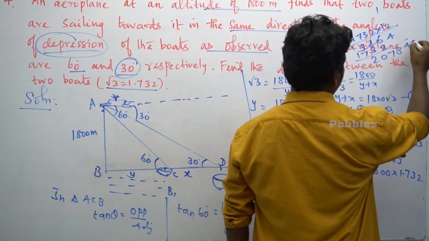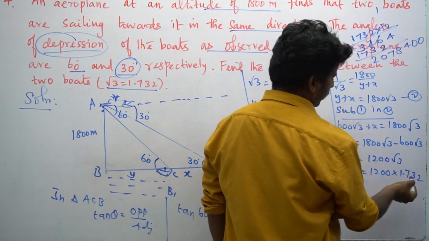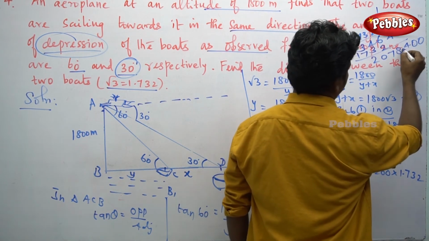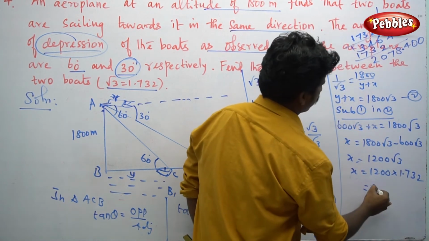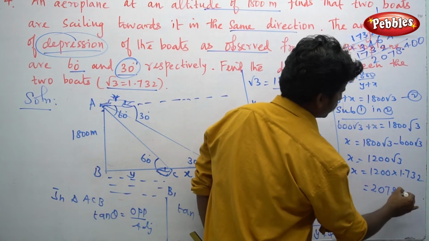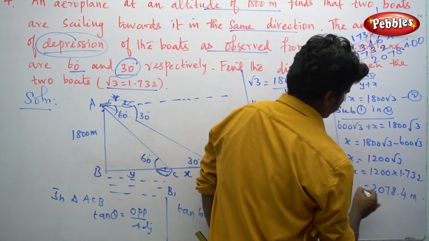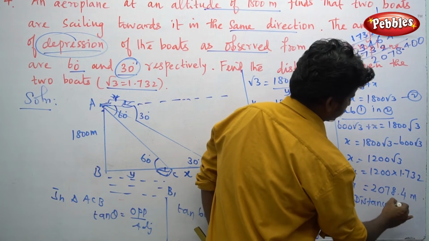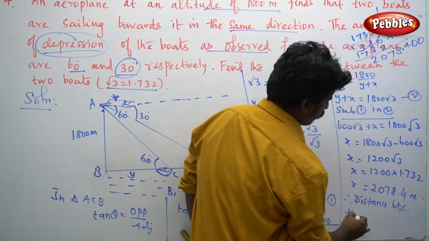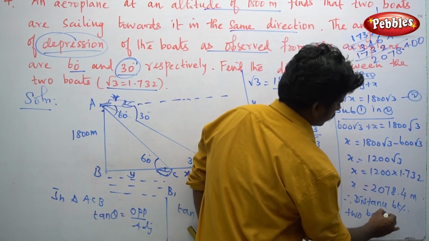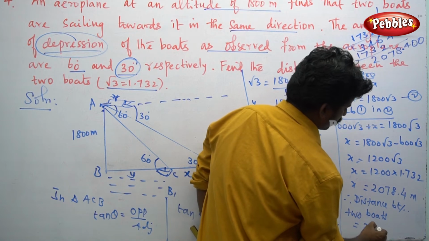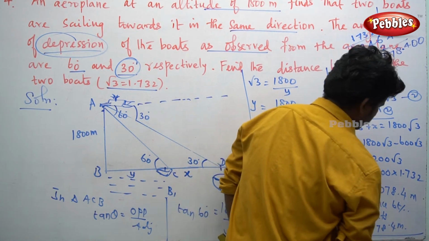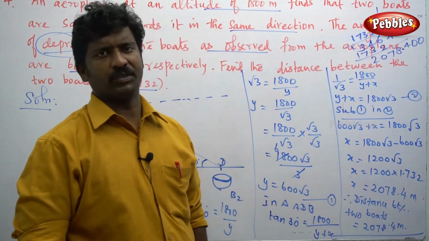And this 2 0. So how many digits do we count to place the point? 1 2 3. So 1 2 3, right? Which is equal to 2078.4 meters. The distance between the two boats is equal to 2078.4 meters, right? So this is the answer.